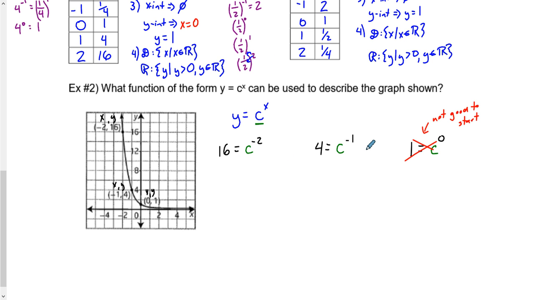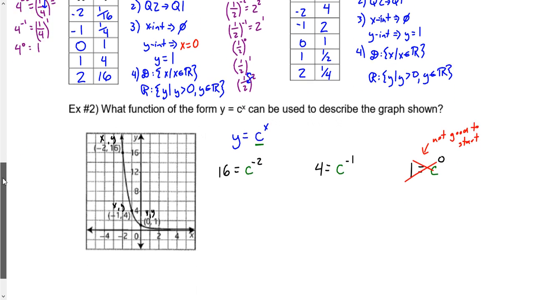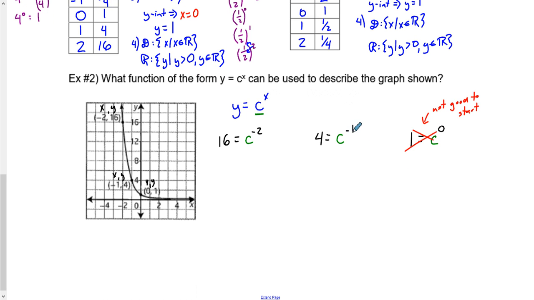Now we can go a little bit by trial and error. But at the same time, if we look at our patterns of what we've been doing up here, well, anything to the power of a negative means that we're taking the reciprocal of a base. Well, the reciprocal of what number gives you 4? 1/4. 1/4 to the power of -1 would give you 4.